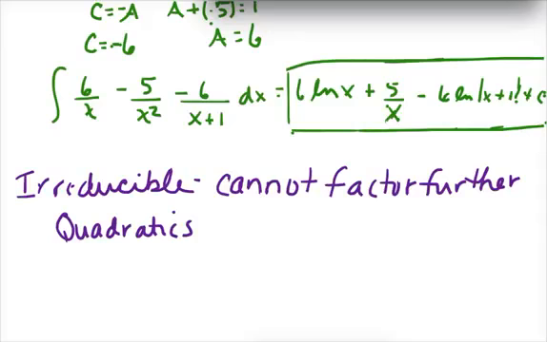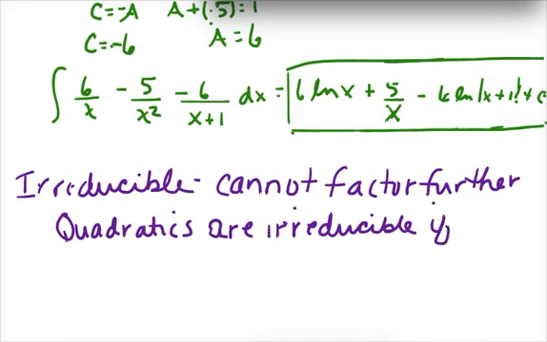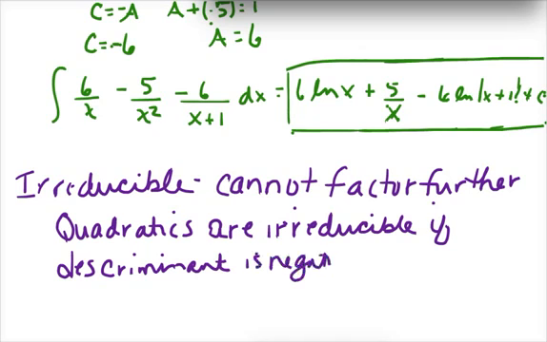Recall your quadratic formula. So quadratics are irreducible if the discriminant is negative, then you have an irreducible quadratic, and I'll show you how to deal with that.